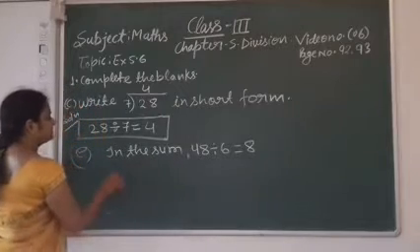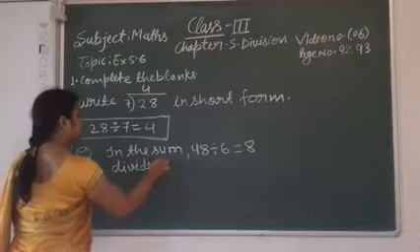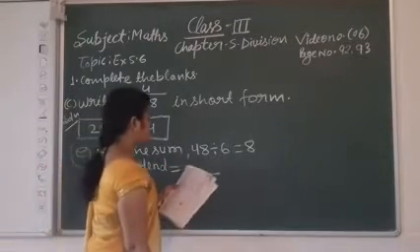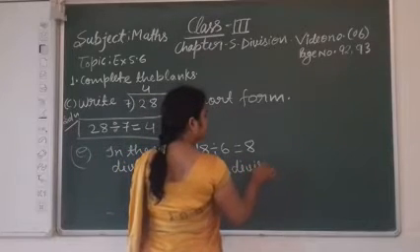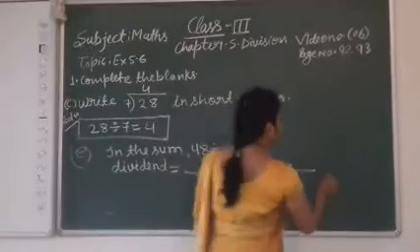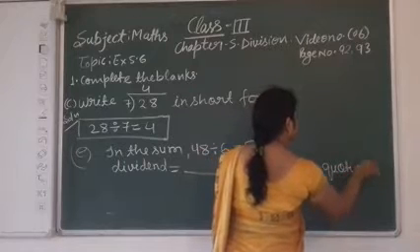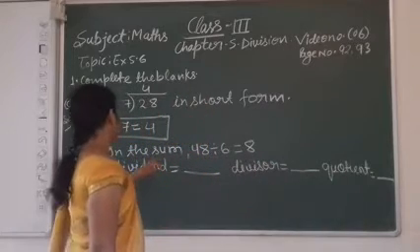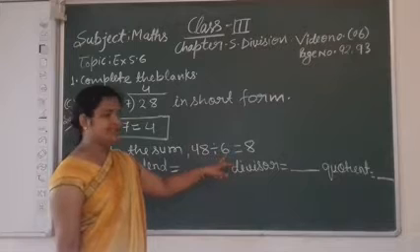So dividend is equal to, and what is divisor? And what is quotient? What is quotient? So in the sum 48 is divided by 6.